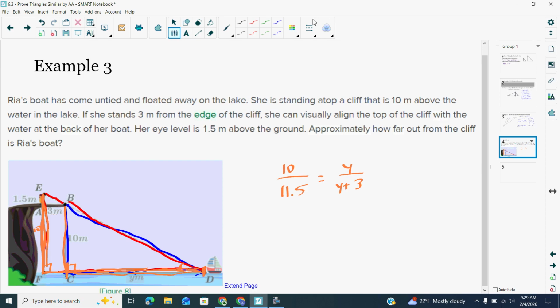And here's our proportion. To solve a proportion, we cross multiply. We have 11.5y is equal to 10 times y plus 3. We can distribute our 10.